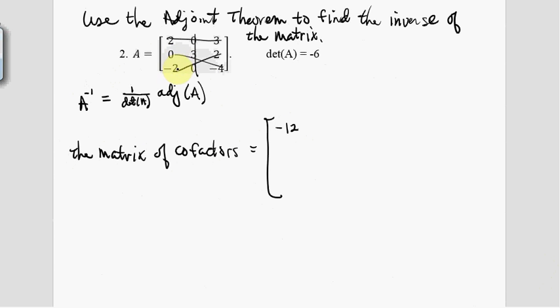So here we have 0 plus 4, which is positive 4, but the position is negative times the 4. We move to where the 3 is, delete its row and column. The determinant of the submatrix is 0 minus negative 6, or 0 plus 6, is positive 6. The position here is positive.